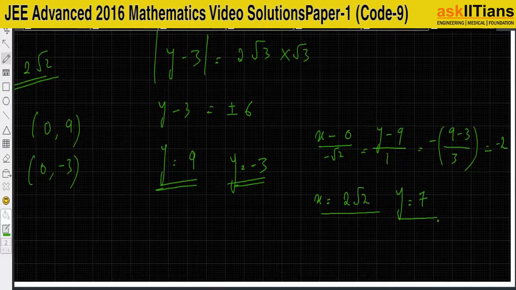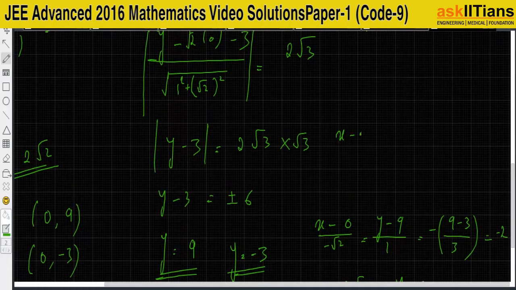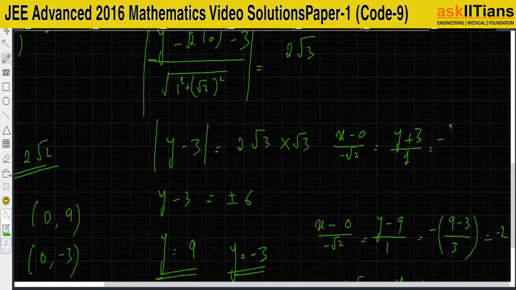The other point we can also find out similarly, by using the same formula. I can just use here (x minus 0) by minus root 2 and (y plus 3) by 1, and this will be minus times the value at the point.